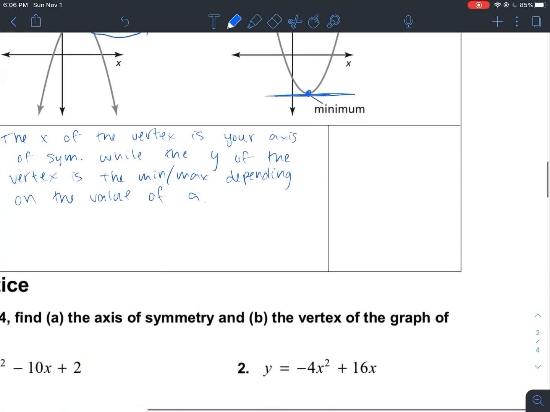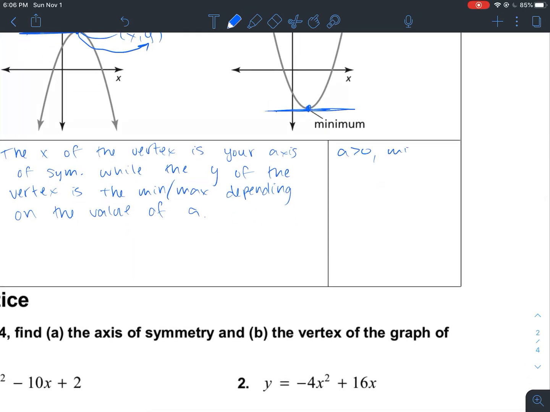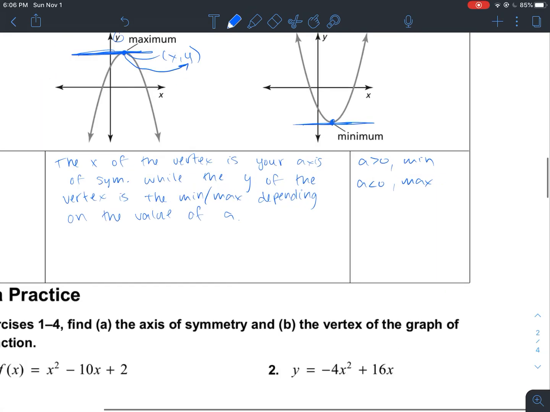So when a is greater than 0, there's a minimum. When a is less than 0, there's a max. And the min and the max are the y values of your vertex.